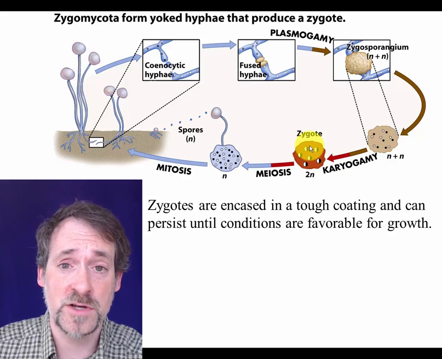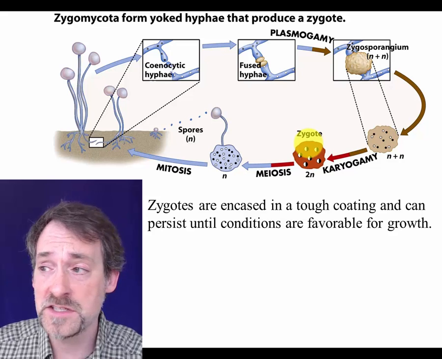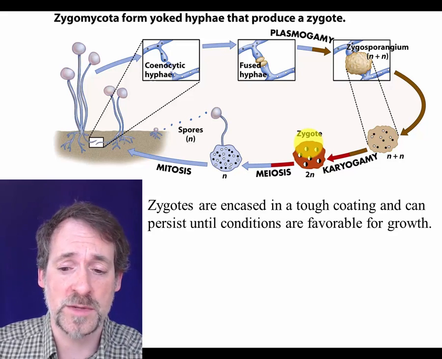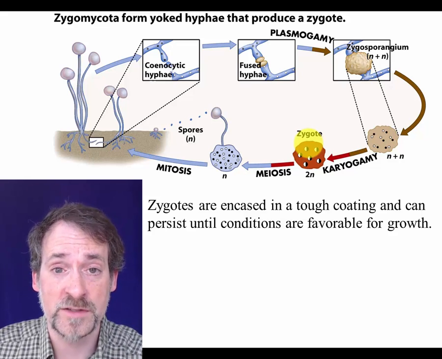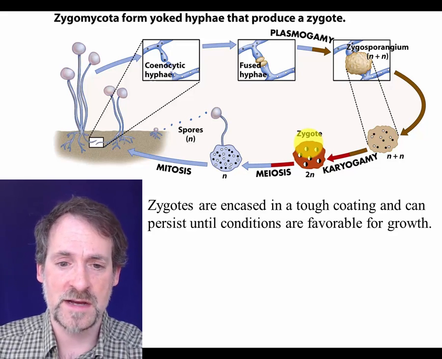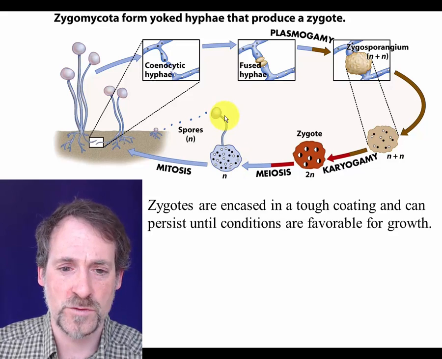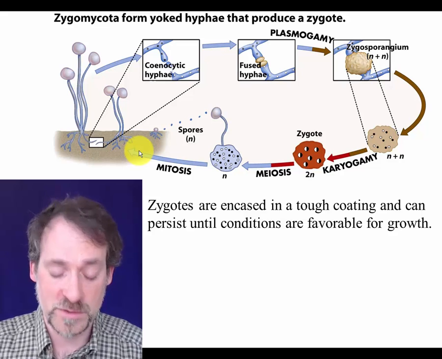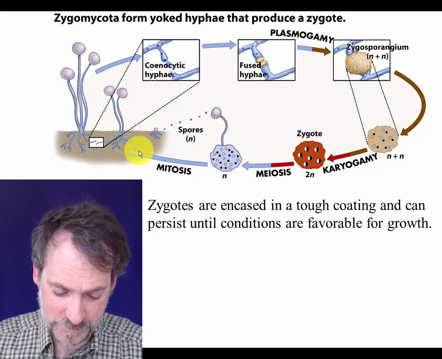There's an extremely tough coating around the outside, and essentially their strategy is to persist in the environment until the environment becomes better for surviving and growing. Then they go through meiosis, form spores, and colonize the suitable environment around them.